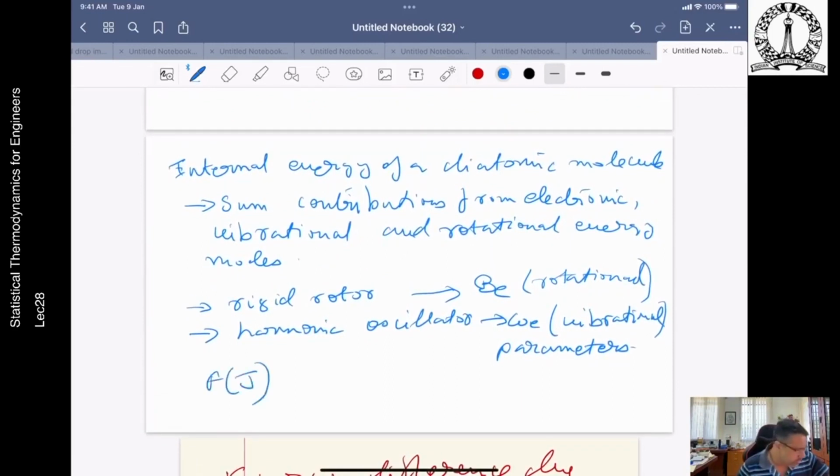FJ was given as J into J plus 1 into BE, where J is equal to 0, 1, 2, and BE, if you recall, was h by 8 pi square c I e.